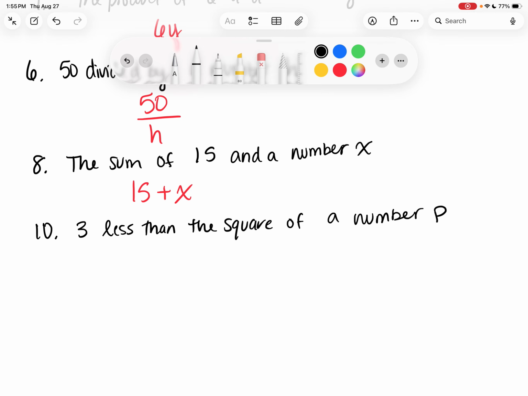So this one is actually written backwards for how it needs to be. It's 3 less than whatever p squared is. So this one's going to be p squared minus 3. So the wording can be a little tricky, so that's why it's really important that we pay attention to it so that we'll figure out which way is which. They still throw me off sometimes too, so don't think it's like, oh, she just knows them all. No, sometimes they throw me off too.